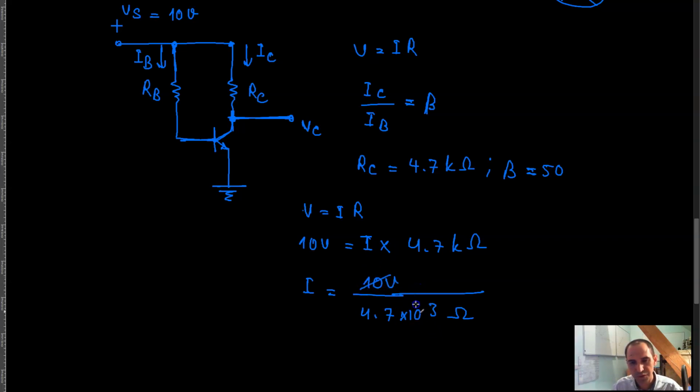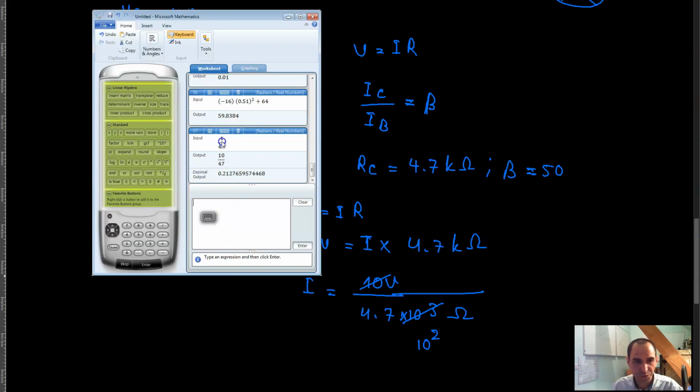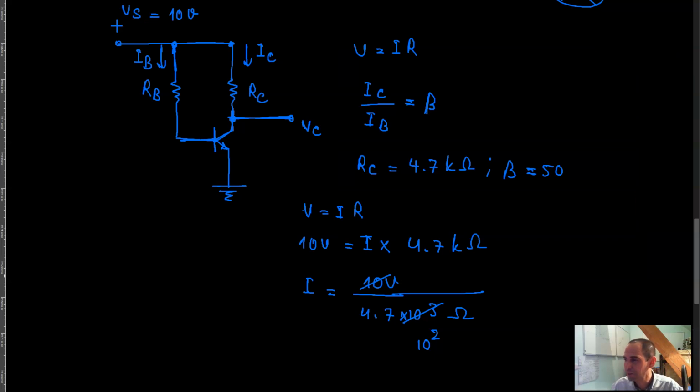So you can simplify this and write this as 10 raised to the power 2, and 1 divided by 4.7 is the same thing as 0.21. I'm going to take two significant figures, not more than that.